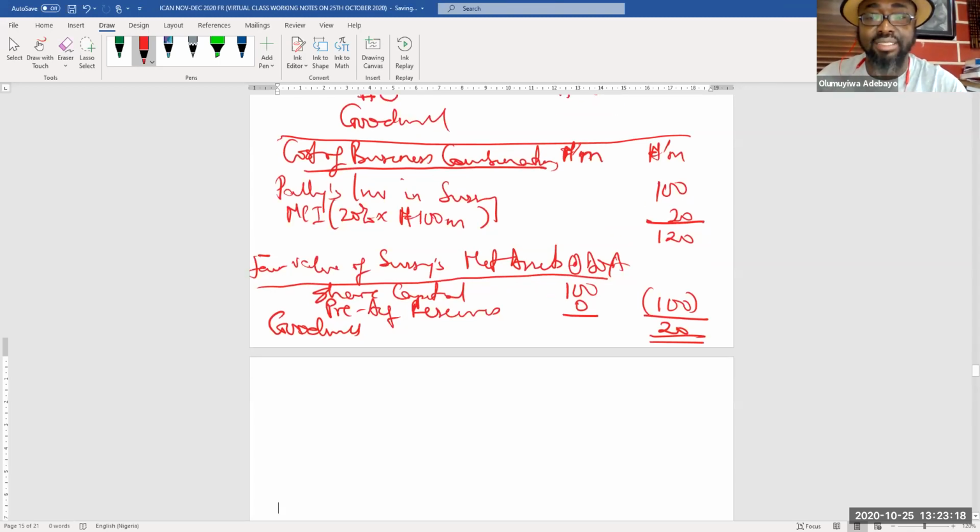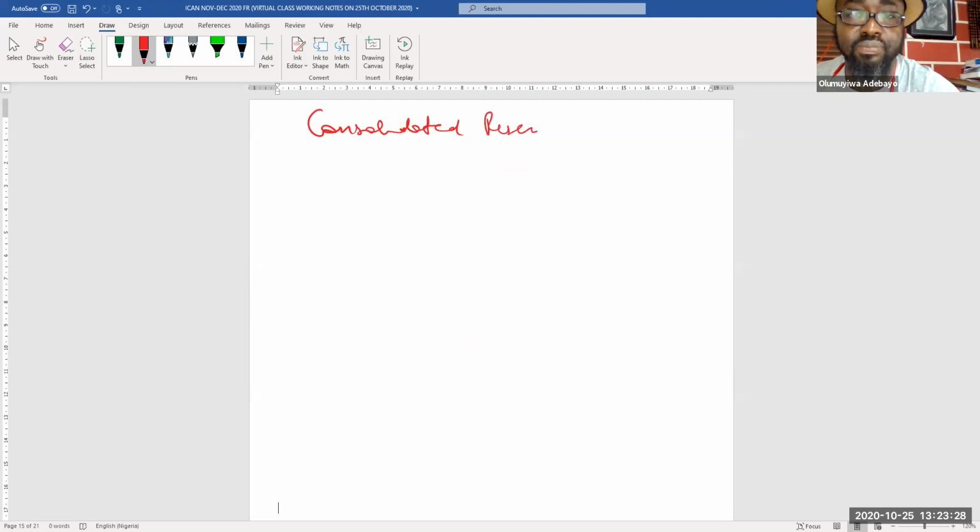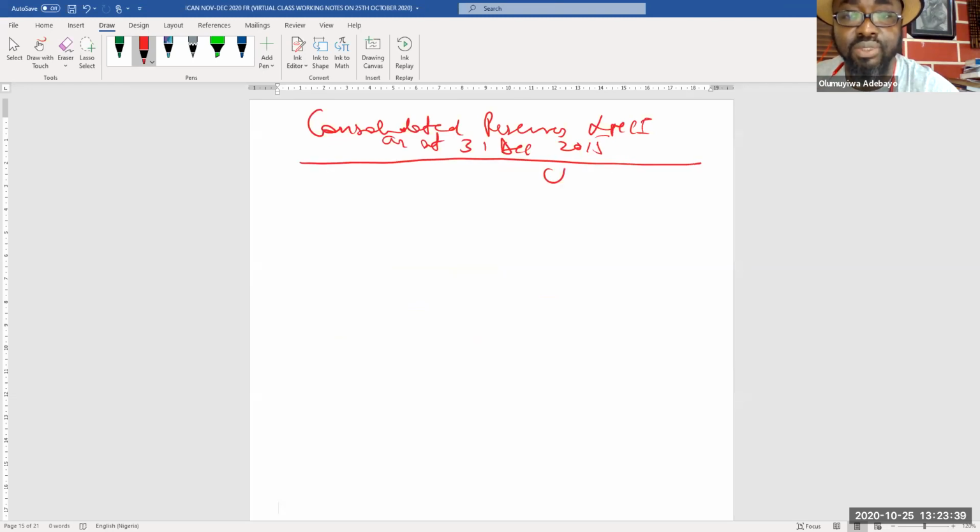Now, what next we need to do is determine our consolidated reserves and NCI as at the reporting date. CR is consolidated reserve, NCI is non-controlling interest.